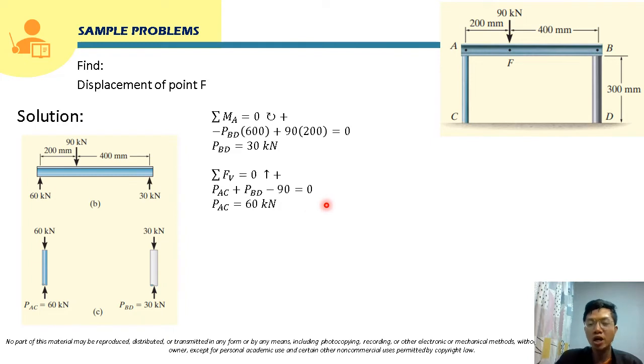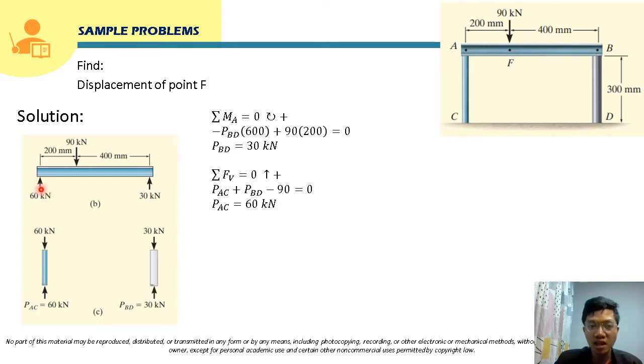We are going to apply Newton's law of motion here. If we transfer this reaction to the free body diagram of member AC, this post AC, the 60 kilonewton force will be directed oppositely.